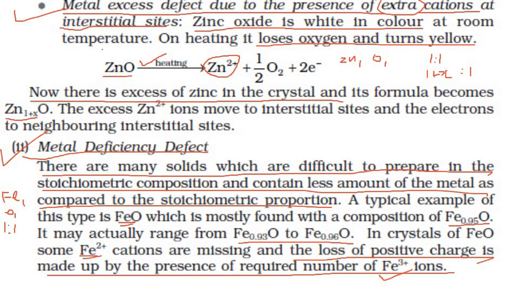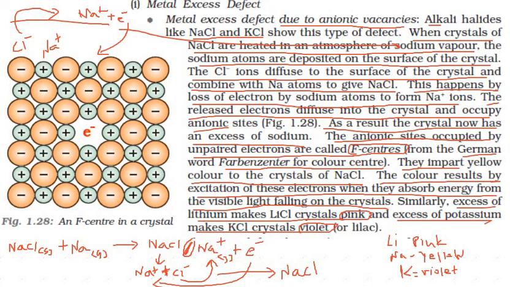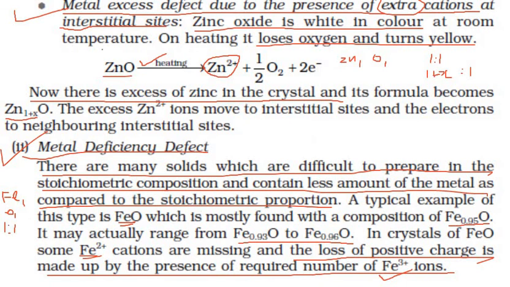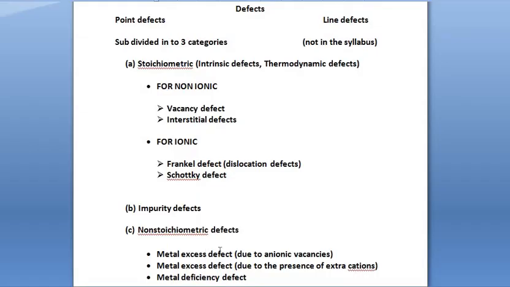They may ask you this category in a 3 marker question: metal excess defect, or even these two together, or they may also ask you the comparison of Frenkel and Schottky defects. This is what you have already learned.